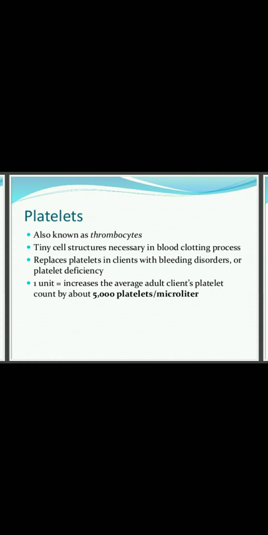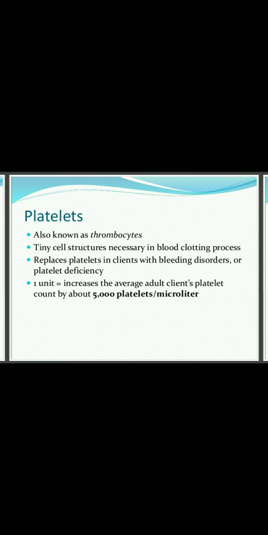If this kind of condition arises and we are not controlling the blood loss, it becomes a life-threatening condition and leads to death. So this platelet deficiency is corrected by replacing the platelets in the patient.